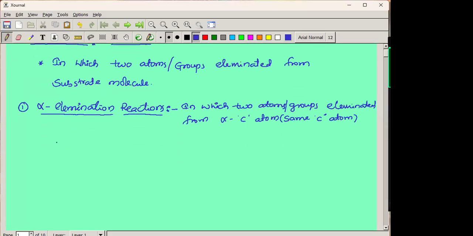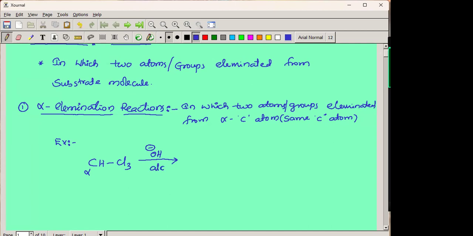For example, this is the example we discussed in the formation of carbenes. Here is chloroform, CHCl3. This carbon atom is called the alpha carbon atom. From that alpha carbon atom, two atoms will be eliminated in the presence of a strong base. Here we take sodium ethoxide, or otherwise OH minus in alcoholic medium.